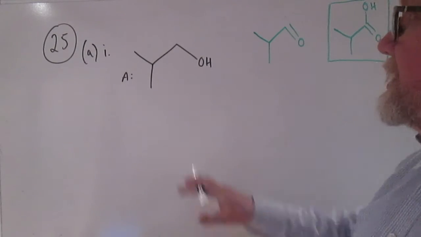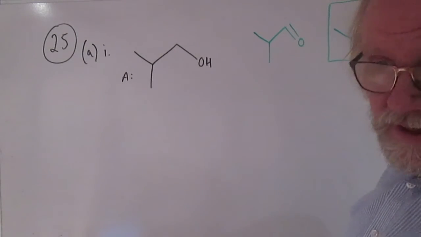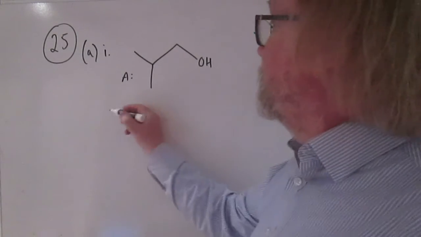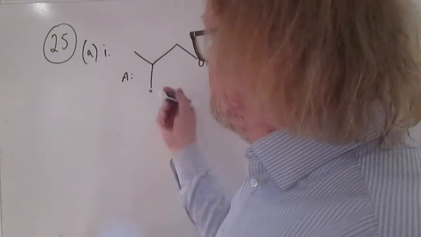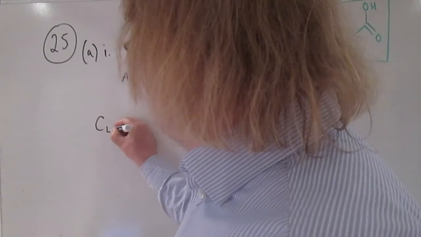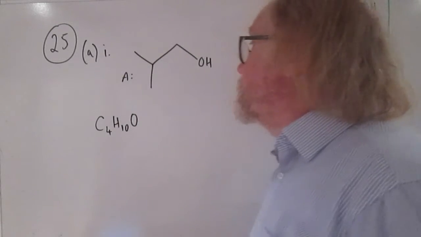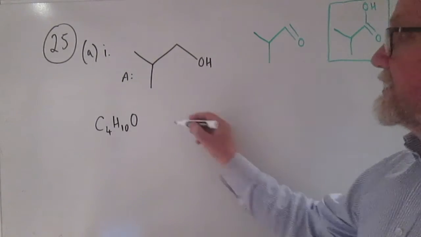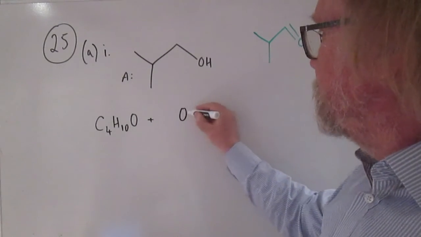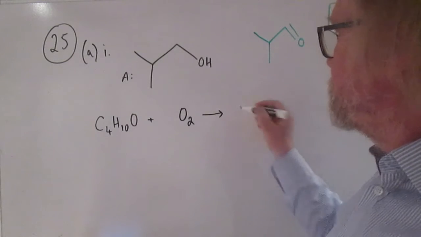And then it wants the equation for complete combustion of alcohol A, which is this one, although in fact because they're isomers it would be the same for all of them, because it's inviting us to use a molecular formula, which is that for alcohol A. So complete combustion, remember, is a reaction with oxygen to produce carbon dioxide.